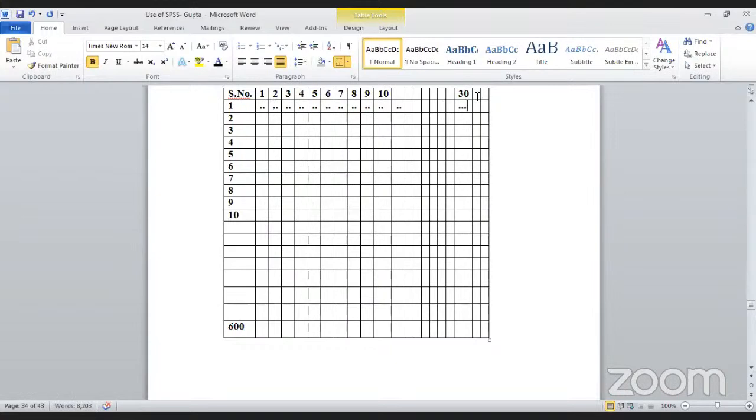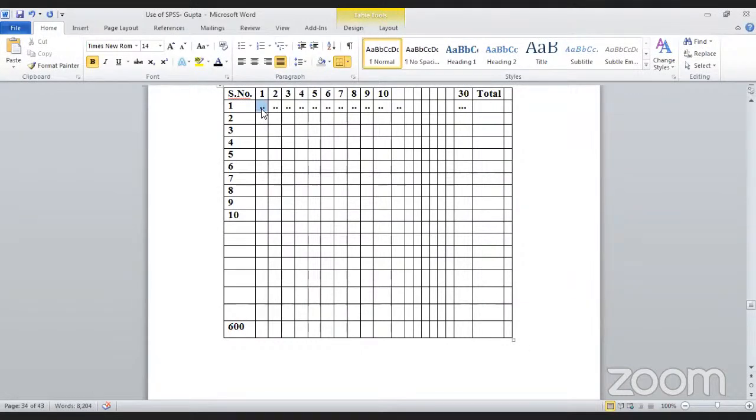And here you can have the total marks. You can add the marks, and therefore you will have the marks, no problem at all.